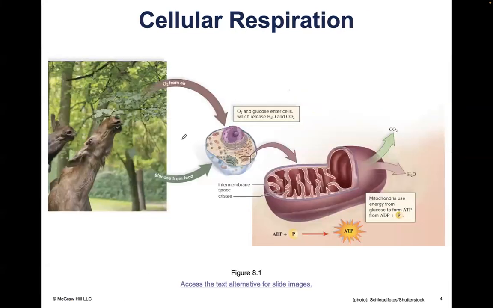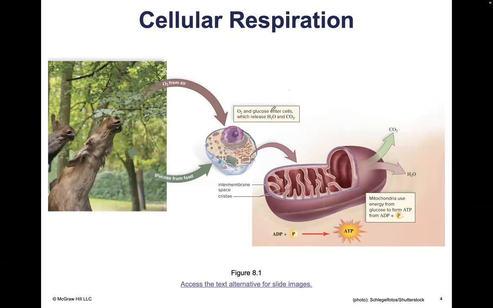So this is a brief summary of the processes that happen during cellular respiration. There is oxygen, which usually comes from the atmosphere, and there is glucose from the food these animals have taken into the body.